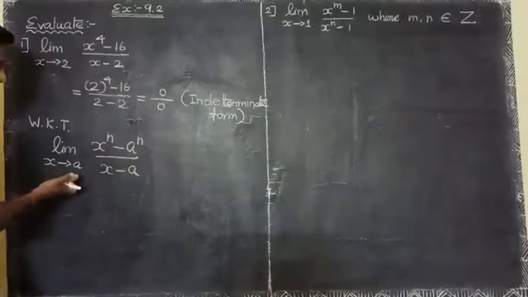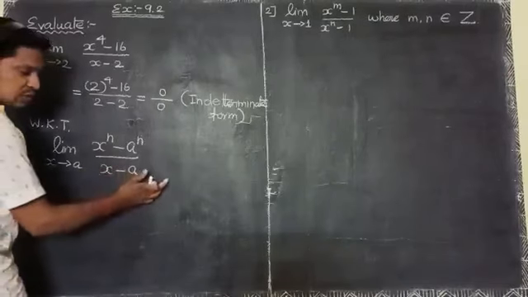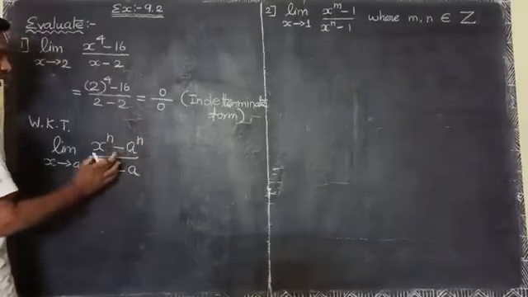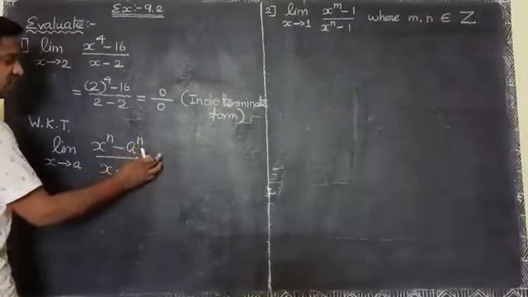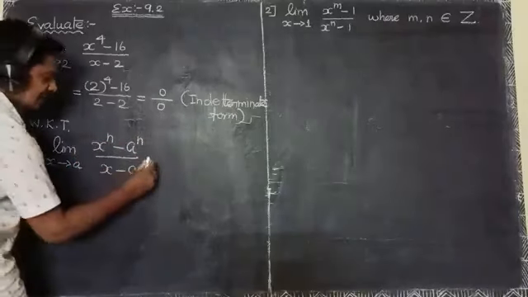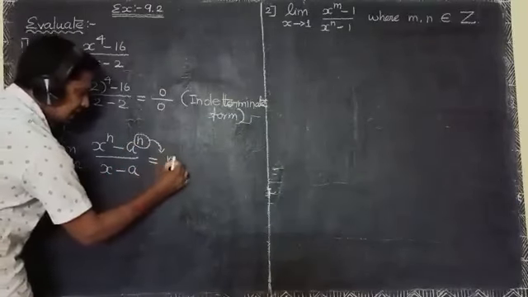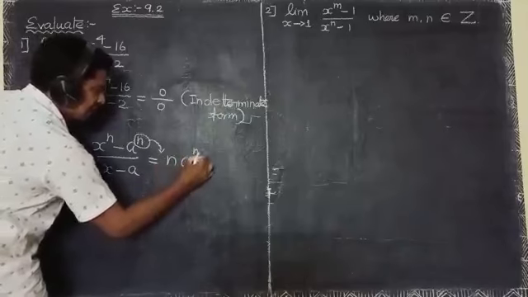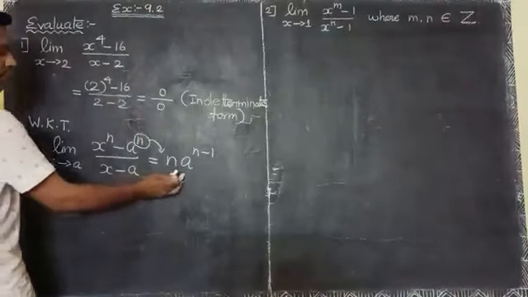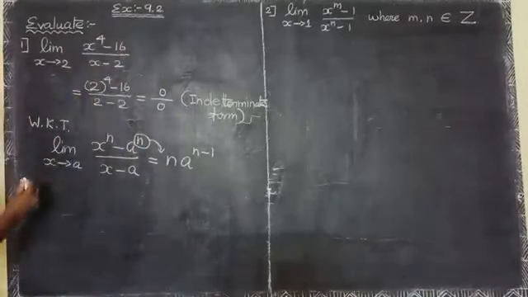As x approaches a, if x is replaced by a, the denominator x minus a has 0, and the numerator has 0, so it is 0 by 0. Then x power n minus a power n divided by x minus a is equal to n into a power n minus 1. This is the property.